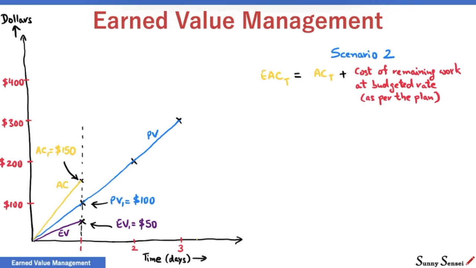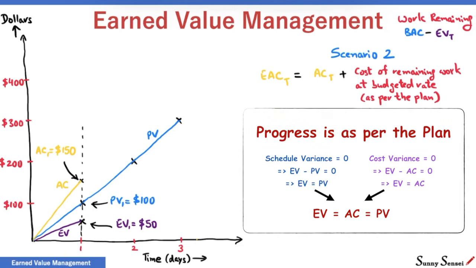We have completed activities that are worth the current earned value. The project goal is to complete activities that are worth BAC. So, the pending work is BAC minus EV. How can we find the cost of this remaining work? For our example, the planned value at the end of day 1 is $100.